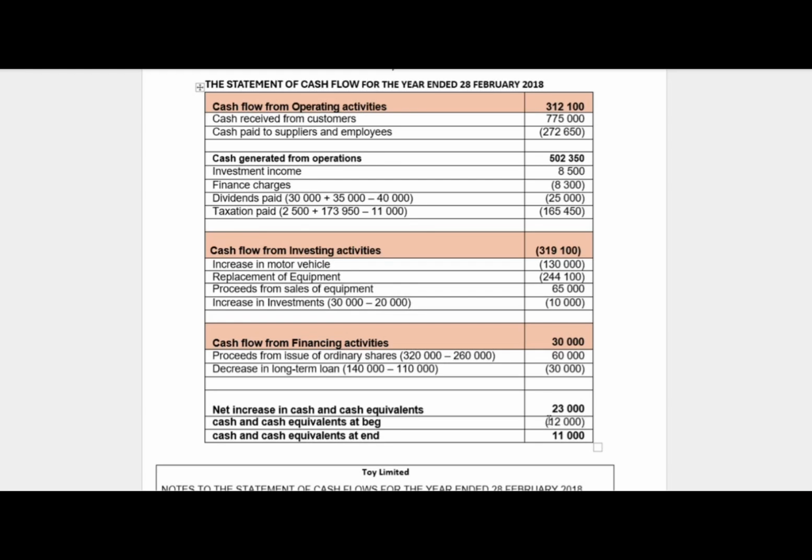And then now we are done. So now let's see if it's balancing. If we say 23,000 minus 12,000, we are getting how much? 11,000, which is cash and cash equivalents at the end. So our cash flow is balancing now. We are happy, right?